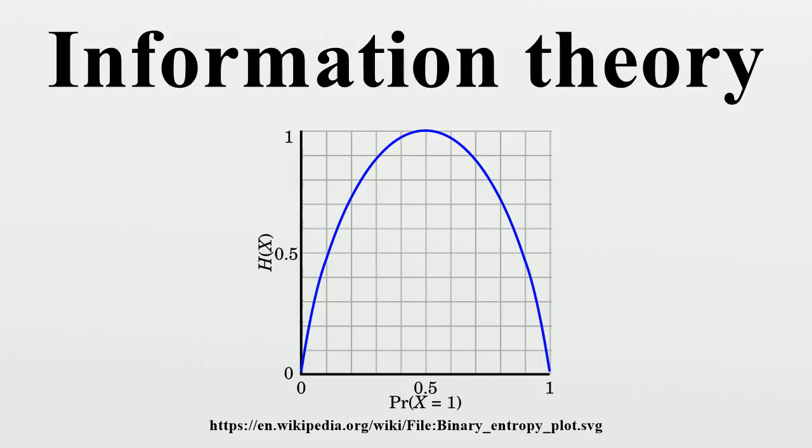The latter is a property of the joint distribution of two random variables, and is the maximum rate of reliable communication across a noisy channel in the limit of long block lengths, when the channel statistics are determined by the joint distribution. The choice of logarithmic base in the following formulae determines the unit of information entropy that is used. A common unit of information is the bit, based on the binary logarithm.